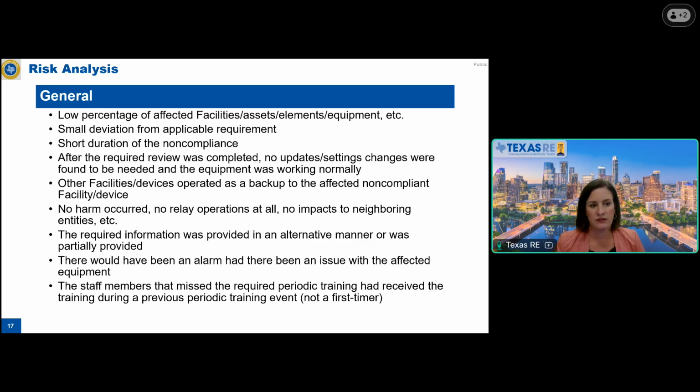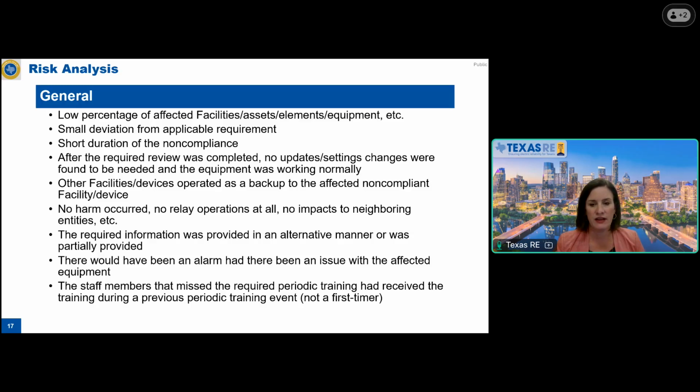One thing that would also limit risk is if this is something where you were supposed to provide information, maybe to ERCOT, and you had provided that information in an alternative manner, or if you've provided partial information. Those would be relevant to limiting the risk of failure to provide information. If there had been an alarm, if there had been an issue with the affected equipment, that's a sort of backup system we'd like to know about.